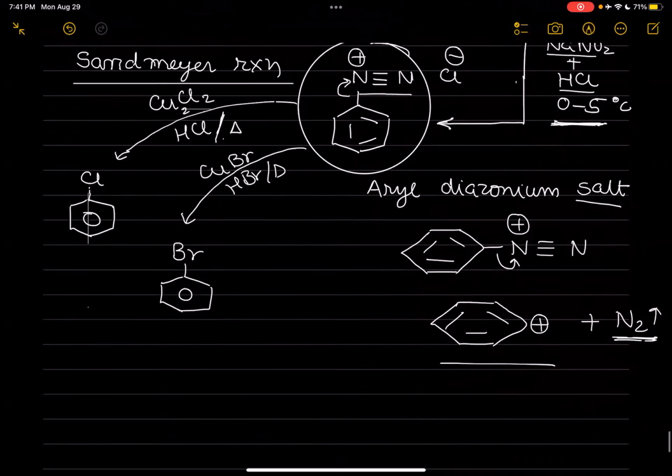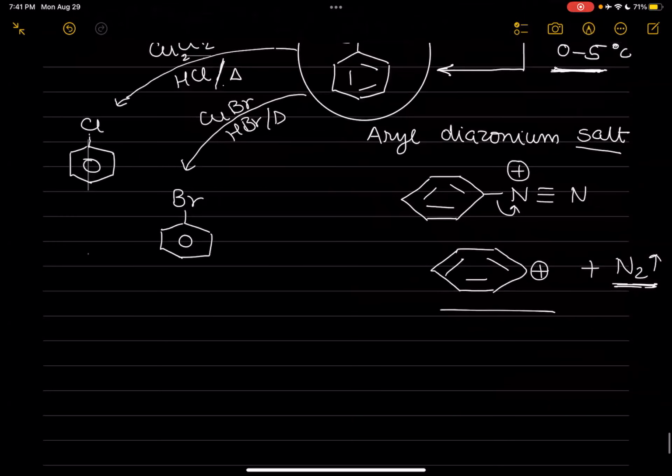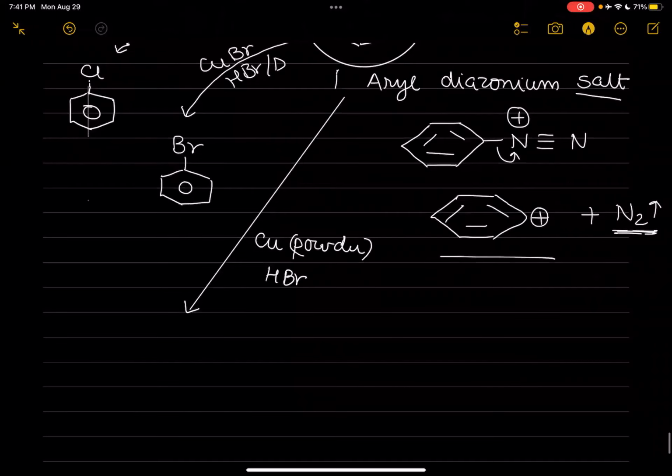Is it clear? Yes. And this is very, very important. You need to know the name. So diazonium, if you react it with CuCl plus HCl, it is Sandmeyer. CuBr plus HBr, you will get Br attached, and it is Sandmeyer. But if you take copper powder, again you will have Br connected.